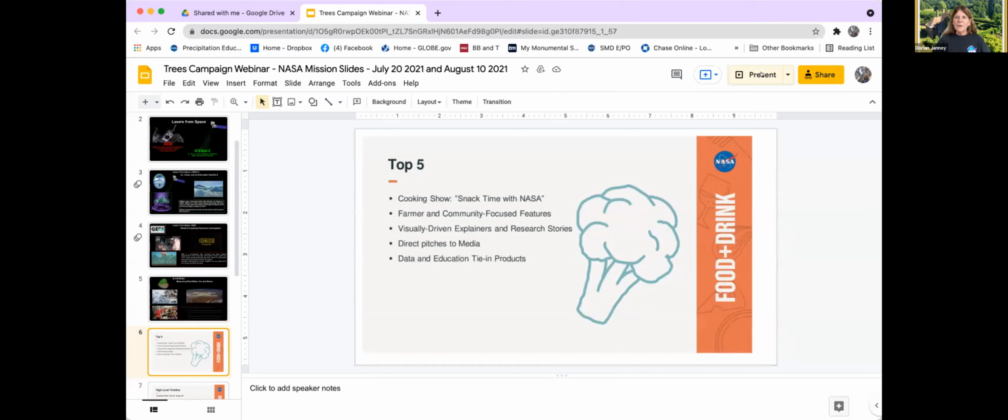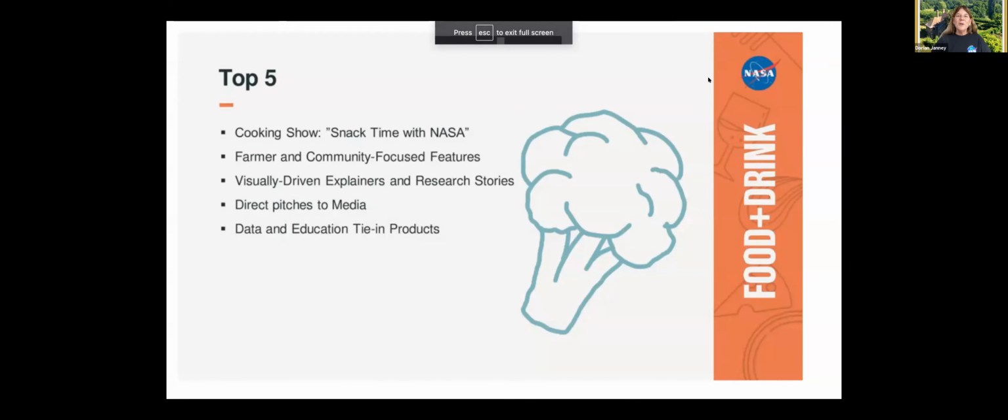Let me go ahead and put this on present mode. But what I want to tell you about right now is one of my favorite parts of being in the front lines here with NASA and Earth science and learning how we take these data that we get from all of these different Earth observing satellites, including the data from the ISS, and how we can use those for real world applications.